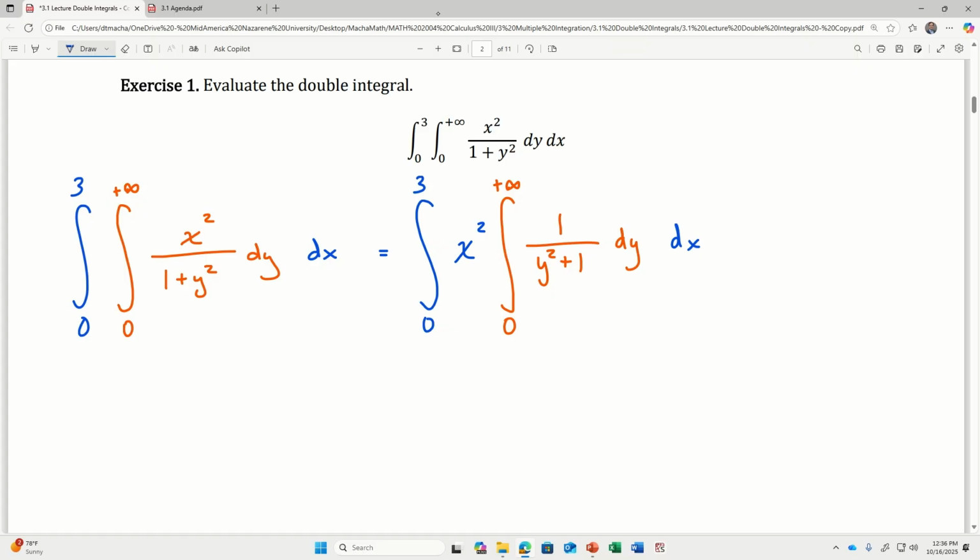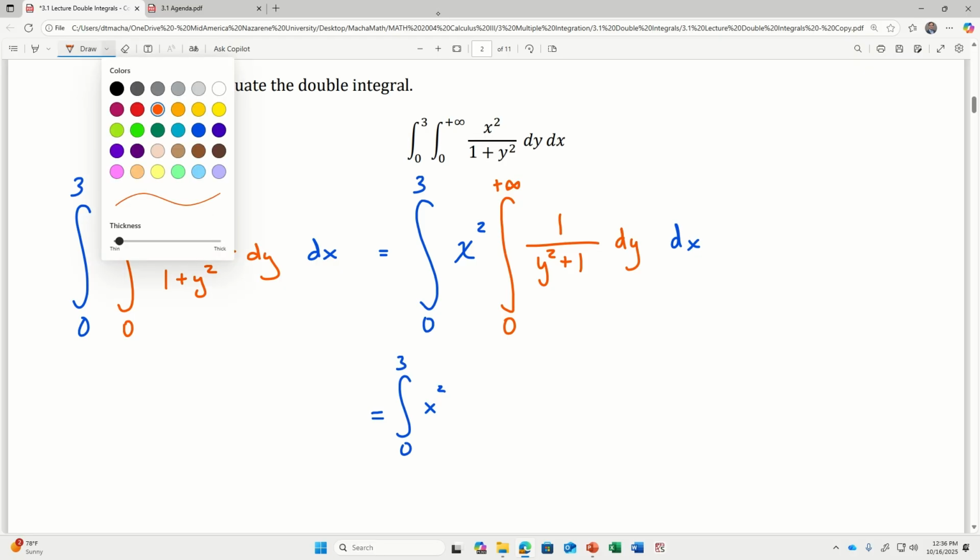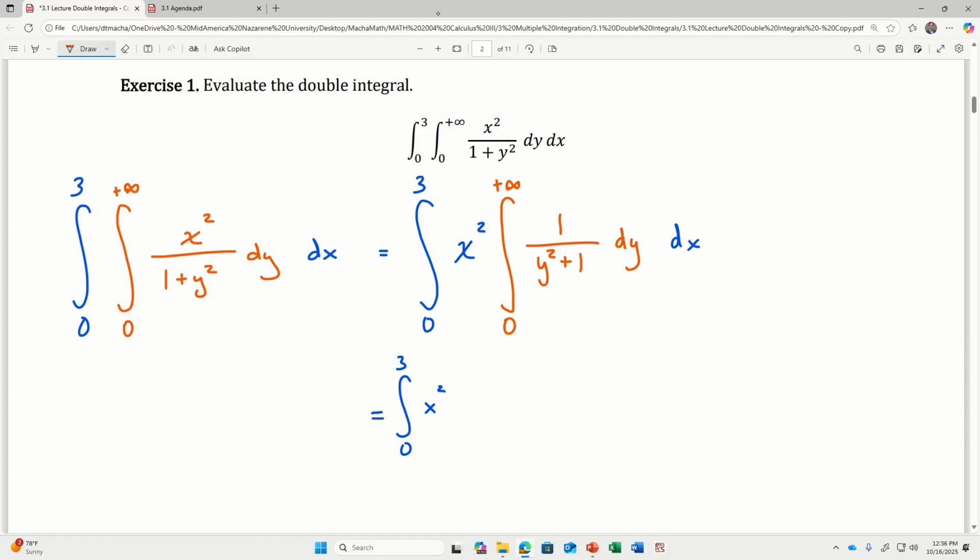What's the antiderivative of 1 over y squared plus 1? Okay, I hear a bunch of people whispering the right answer, which is arctangent of y.